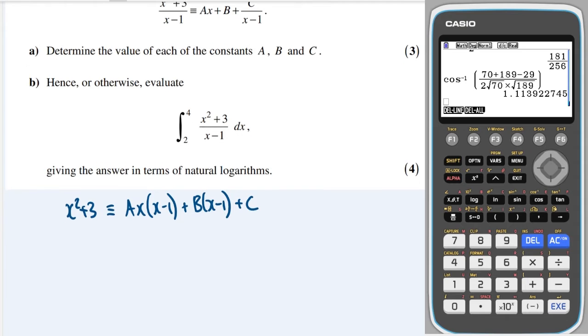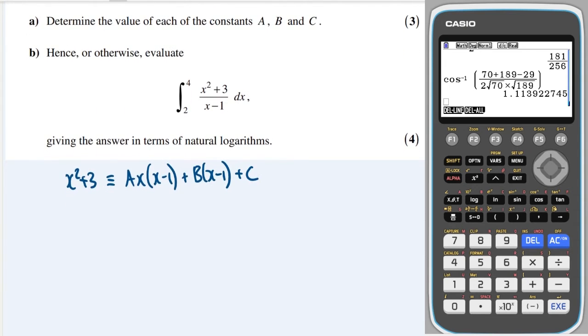Then I would substitute in x minus 1. So let x equal plus 1. If x is plus 1, then we're going to get 4 on this side. Cancel, cancel, and that's going to give me c.